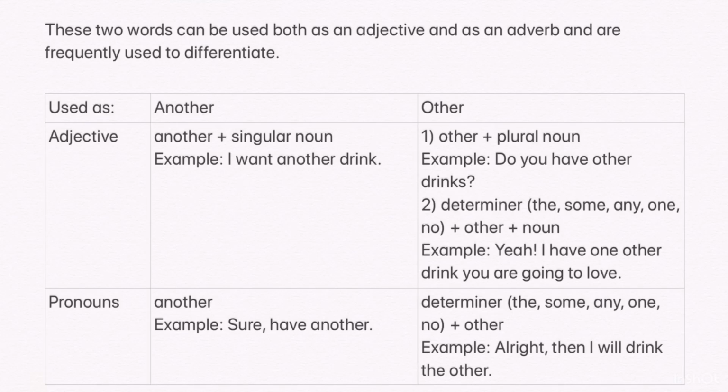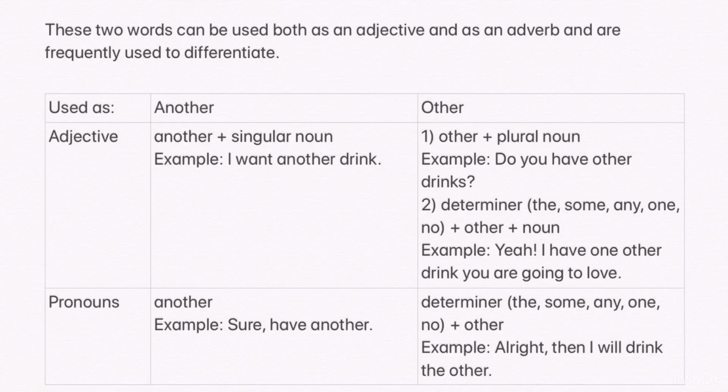If you want to use other as an adjective, there are two ways to use it. The first one is to use other, then a plural noun, okay? In this case, instead of I want another drink, it will be, do you have other drinks? ¿Tienes otras bebidas? Alright? Number two is to use it with a determiner.